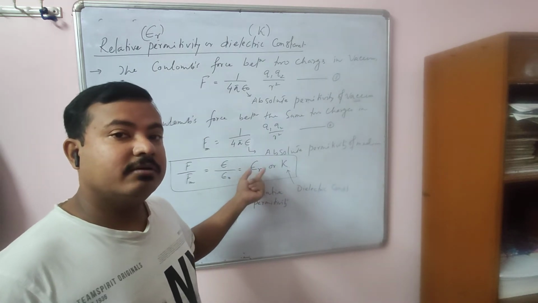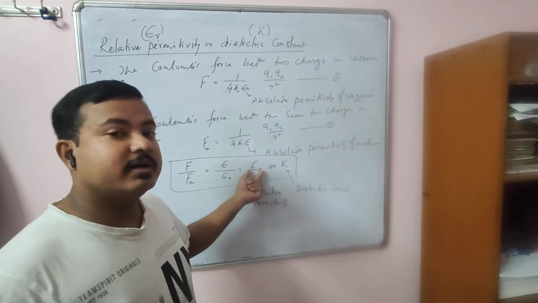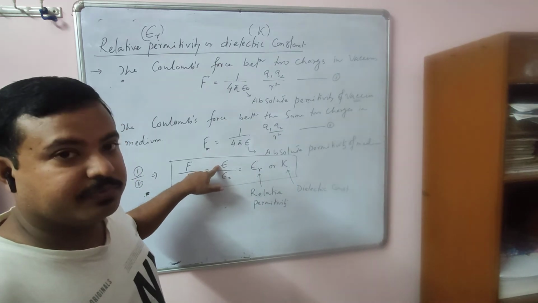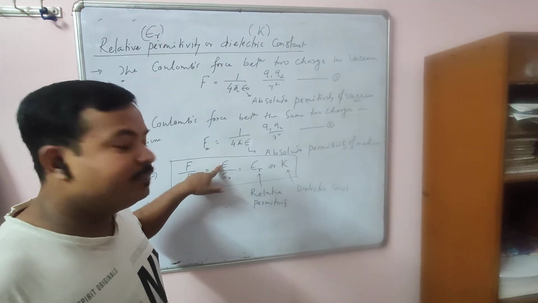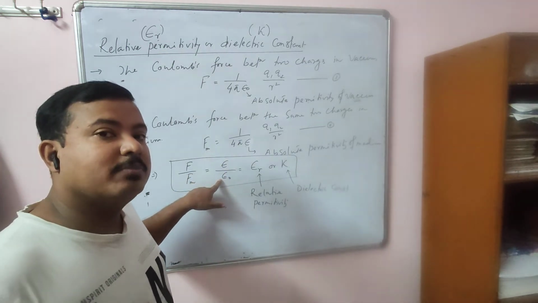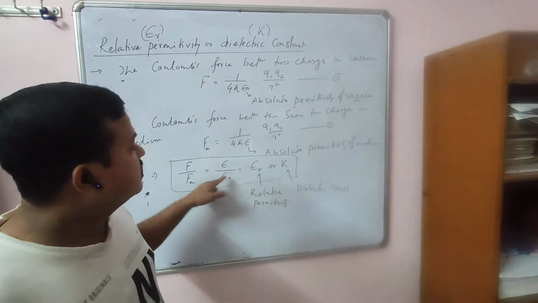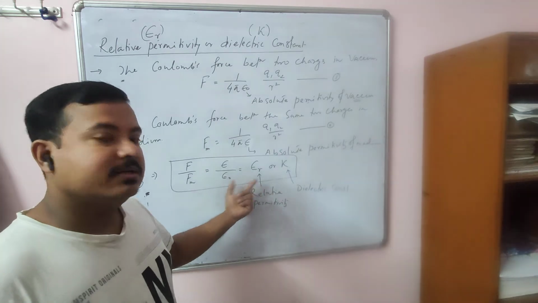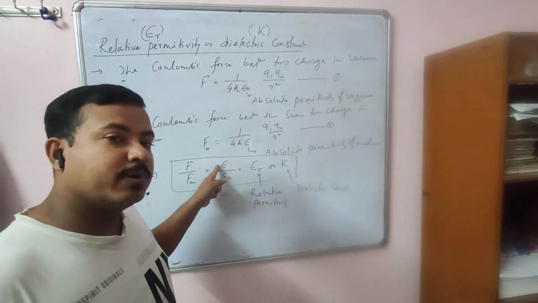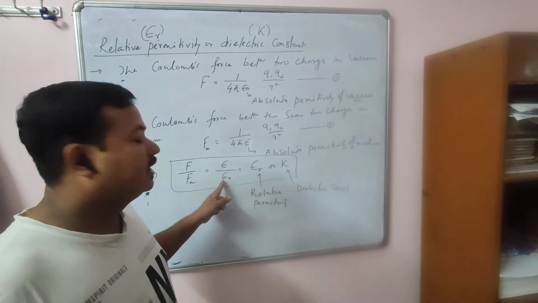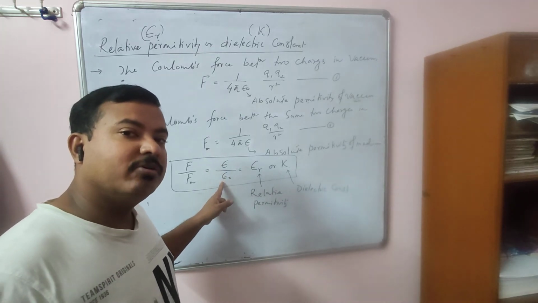It is a ratio of the absolute permittivity of the medium to the absolute permittivity of vacuum. Same definition for dielectric constant also.